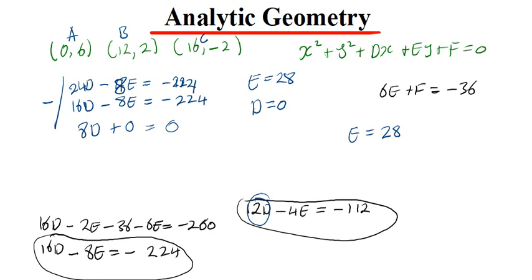Okay, then for us to get our F, we have said our F was equal to minus 6 multiplied by 28, which is our E, minus 36. So we say 28 multiplied by 6 plus 36, which gives us my F. I'm getting minus 204. Are you getting the same?